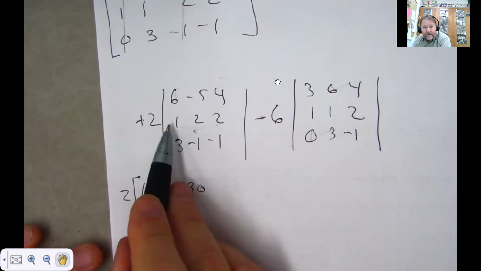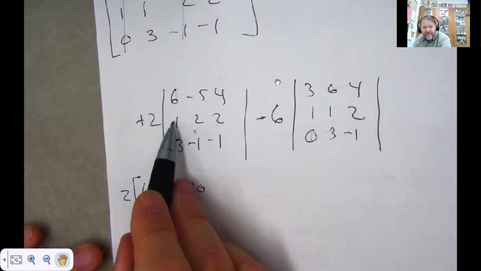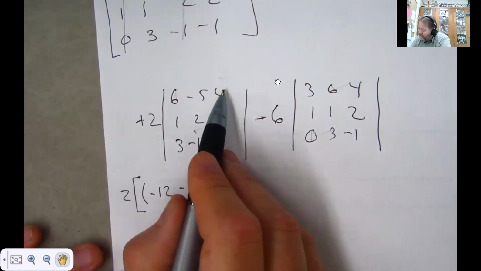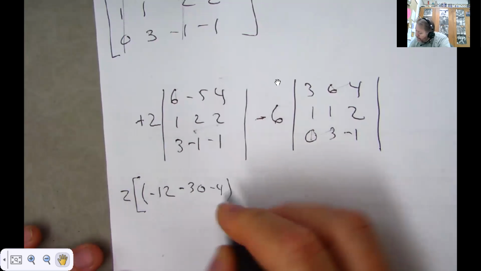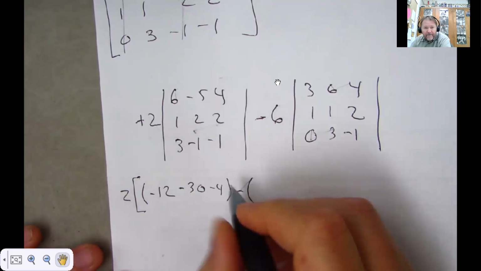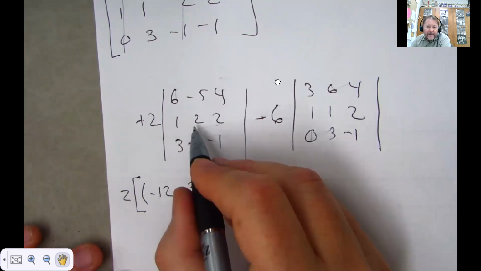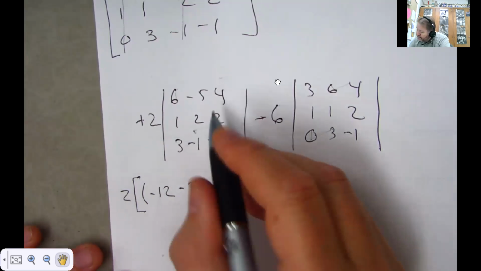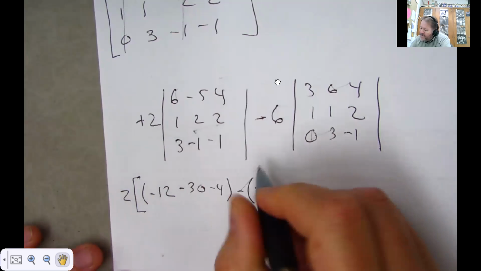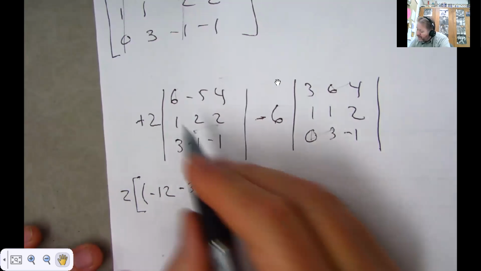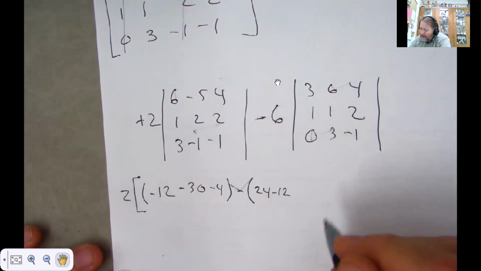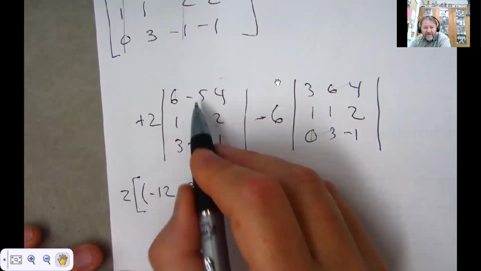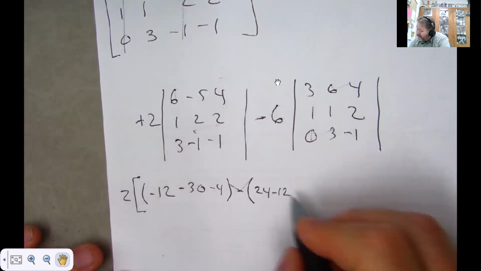And then downhill one more time: 1 times negative 1 times 4 is negative 4. Minus, now I go uphill. 3 times 2 times 4 is 24. Negative 1 times 2 times 6 is negative 12. And 1 times negative 5 times negative 1 is positive 1.